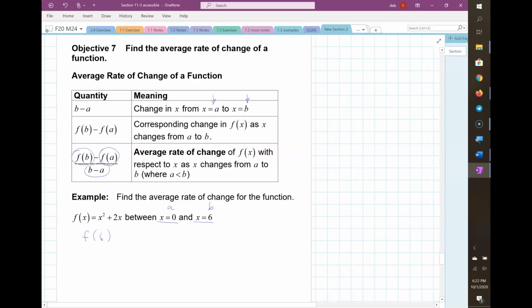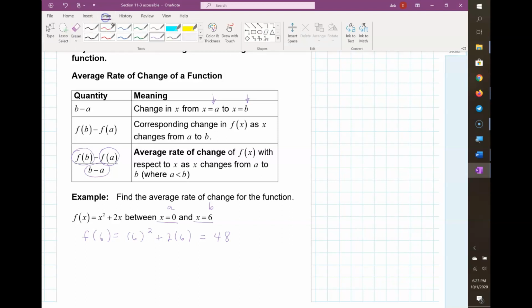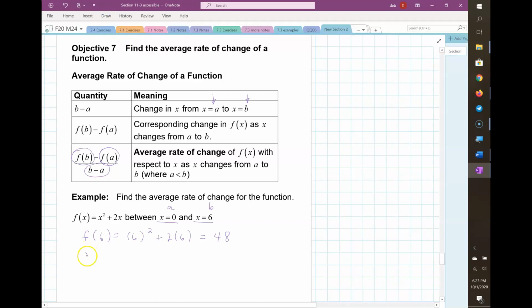So f of B is going to be f of 6. That says put 6 everywhere you see an x in the function, and that's going to give you 48. So that's my f of B. And then I need to find f of A. So f of 0, well, that's going to be pretty easy.